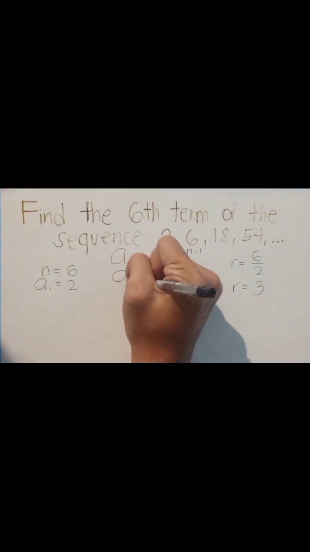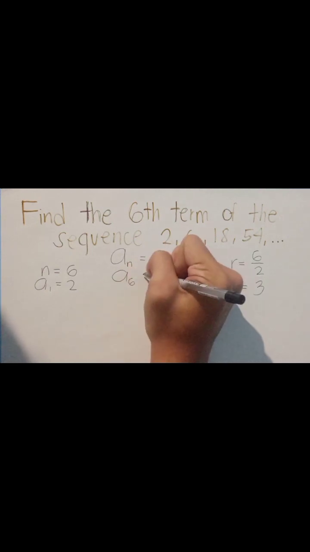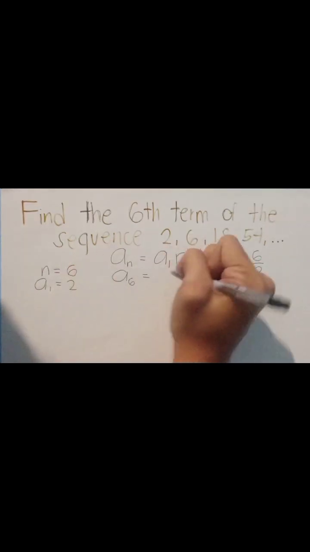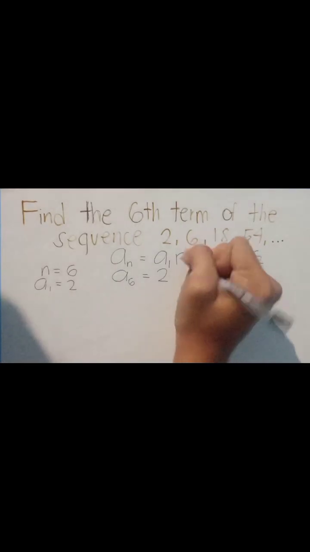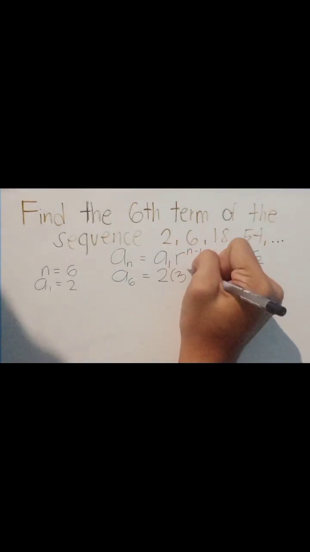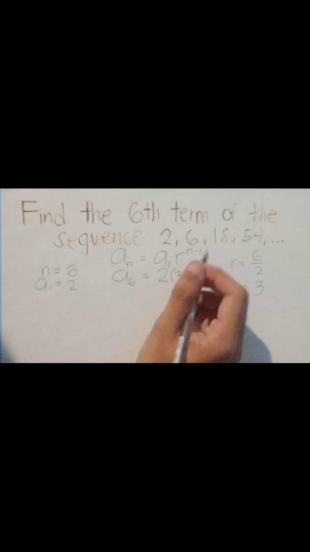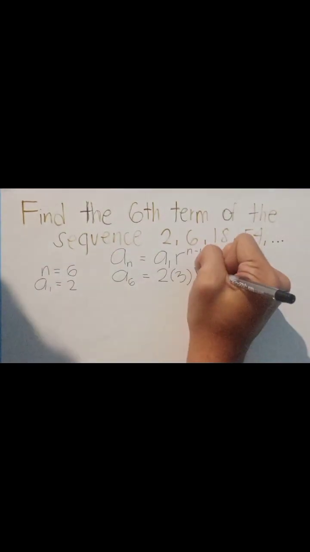So, a sub n is equal to a sub 6 equals a sub 1, we have 2, r, 3, raised to n minus 1. So, 6 minus 1 tayo.